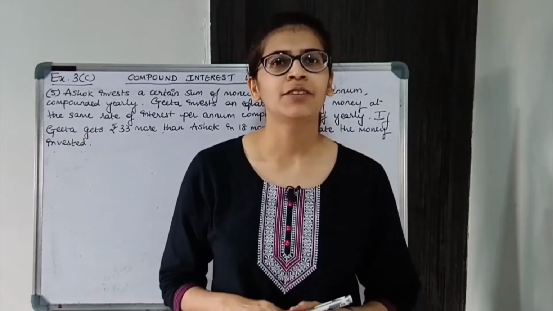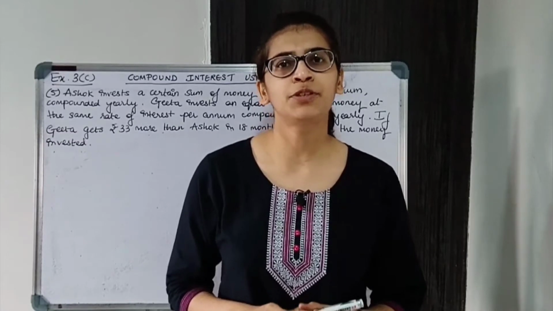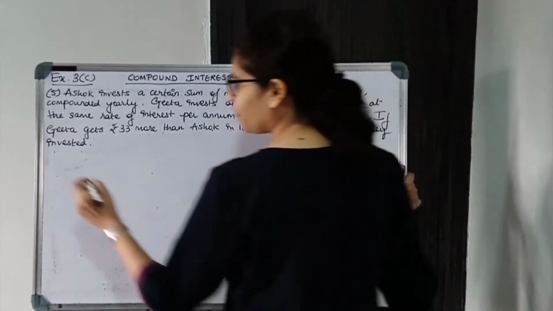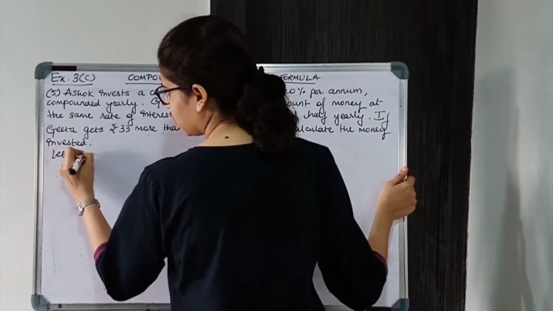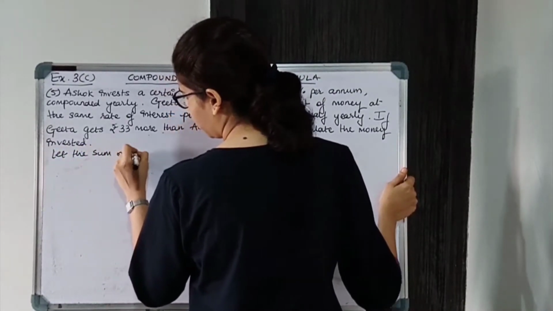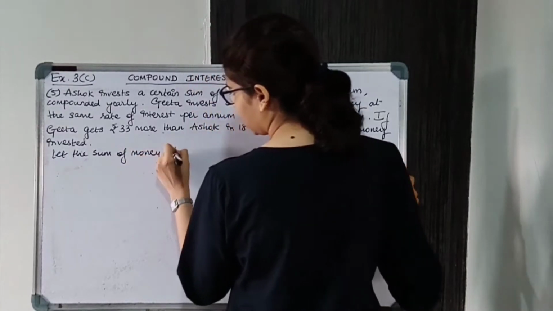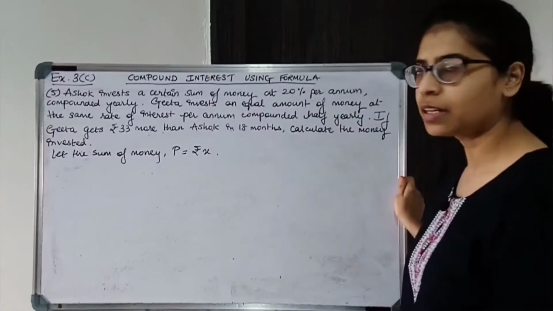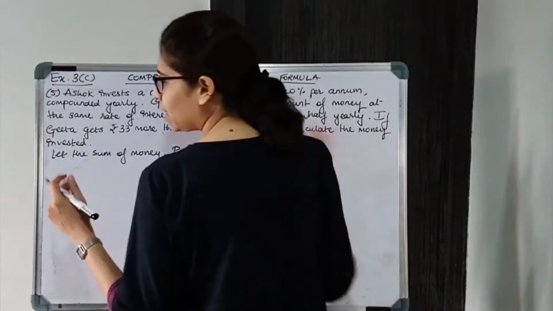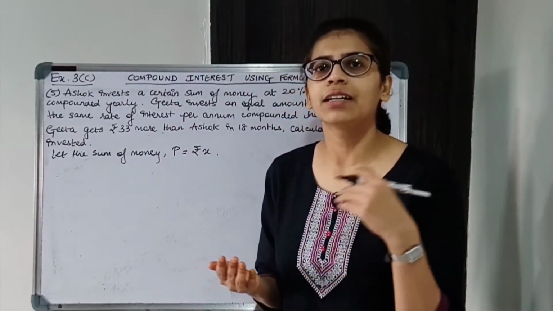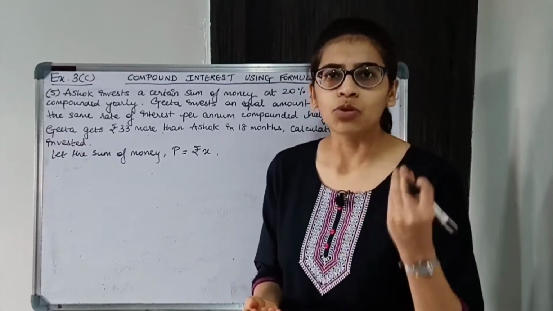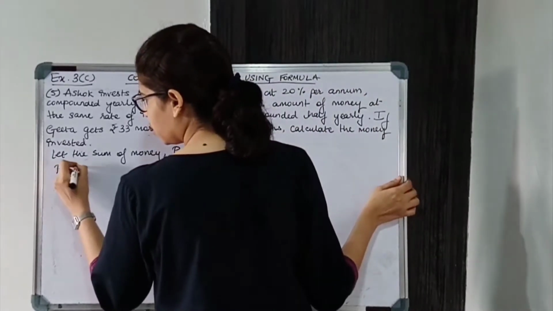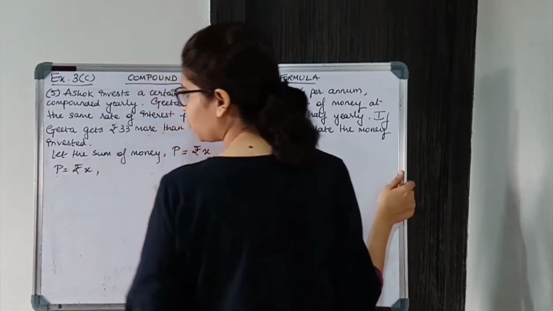We'll assume the sum of money, that is principal, to be x rupees. So we'll just add a statement in the beginning. Let the sum of money, that is principal, be x rupees. Now we know that the principal, the sum of money and the number of years is the same in both the cases, so we'll just write down the given information.